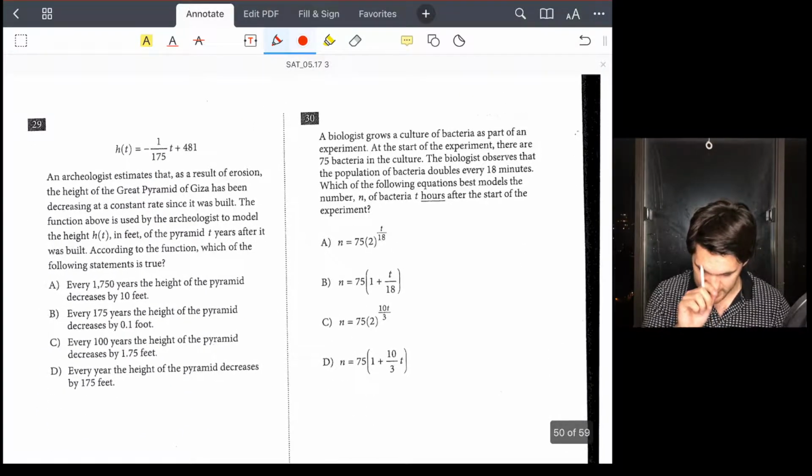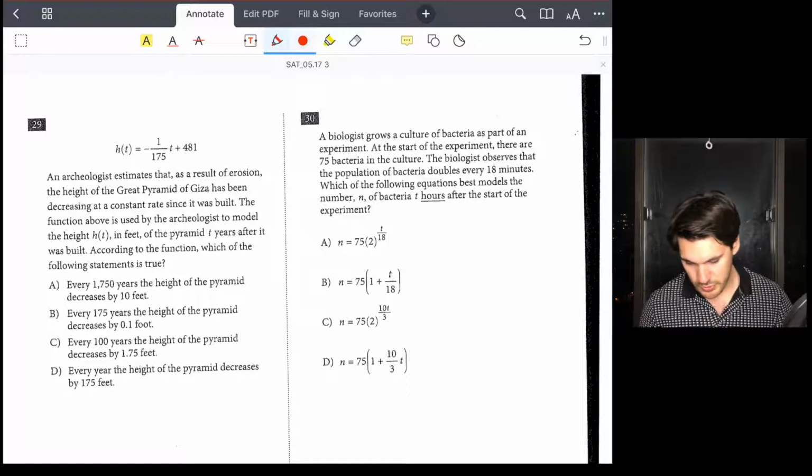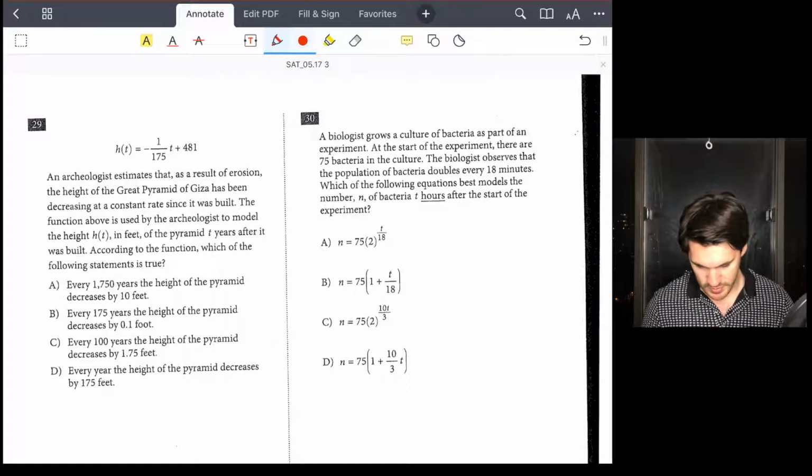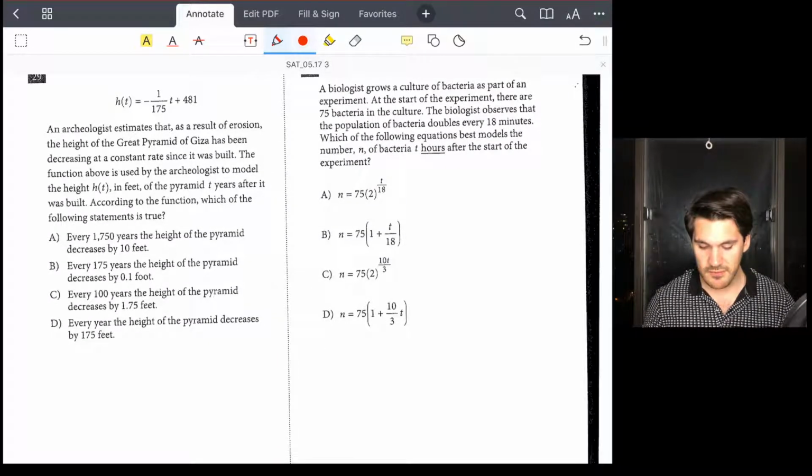Okay, number 29. So we have this function and we want to know which of the answer choices is true. So let's just see which one ends up being true. A, every 1750 years the height will decrease by 10 feet. Well, let's see if we plug in 1750 if we're going to get a decrease of 10.